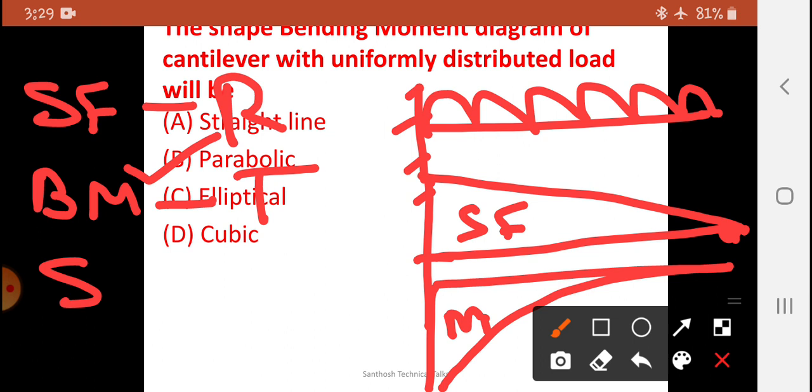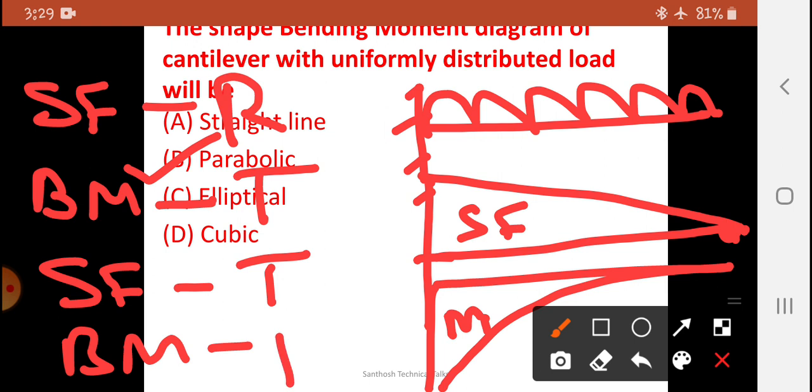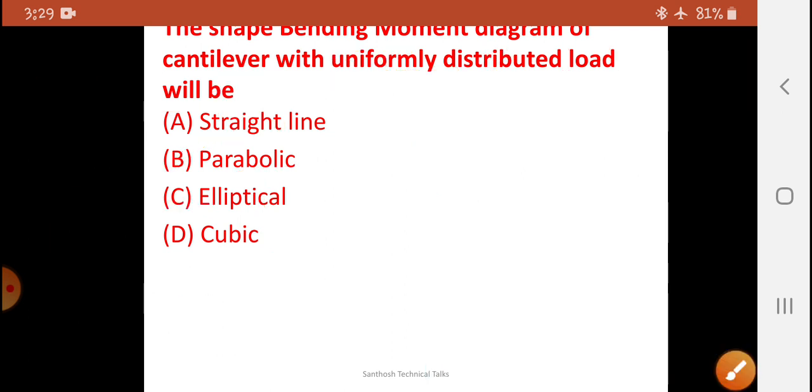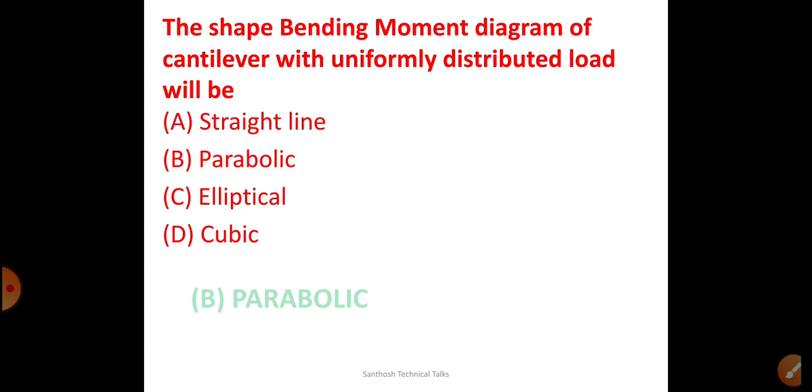If the shear force is triangle, the bending moment is parabola. If the shear force is parabola, then the bending moment diagram should be cubic parabola. Like that, there is a relationship between the shear force diagram and bending moment diagram. For this question, the answer is parabola.